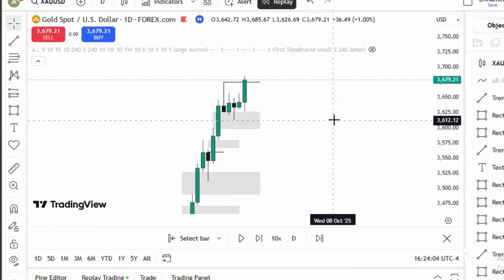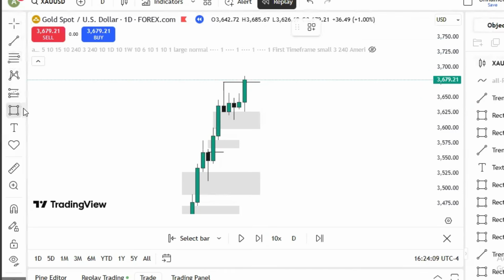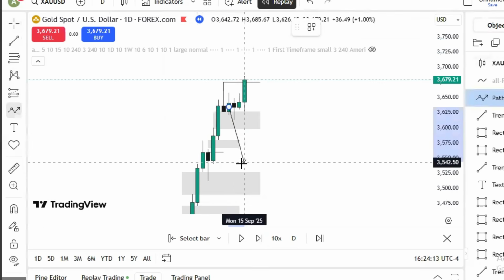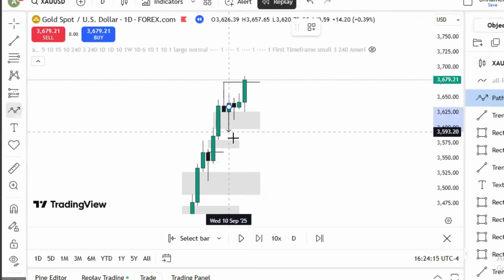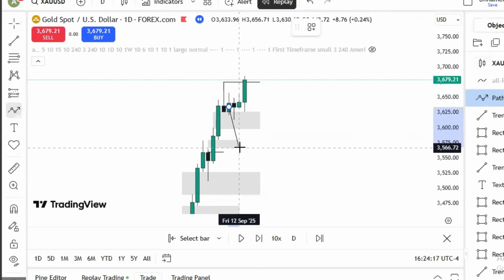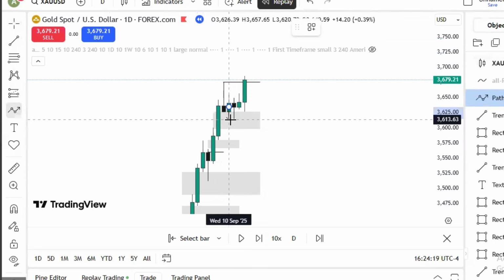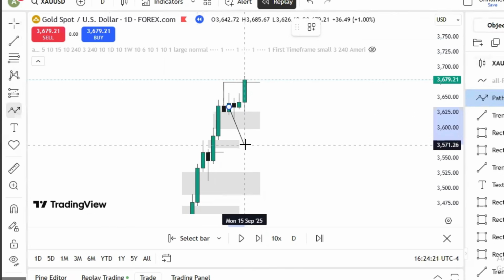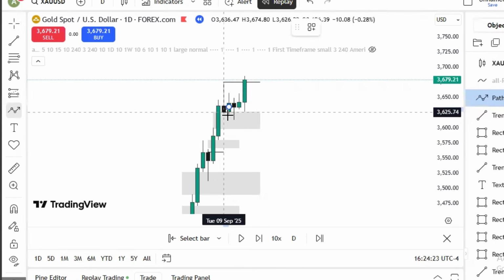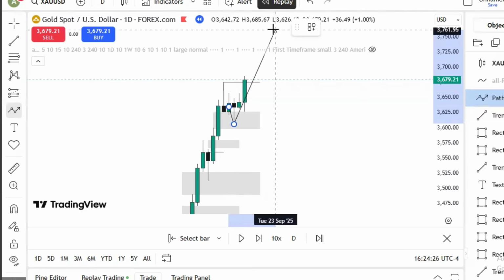Now in a strong bullish trend, you do not expect price to fully retrace to discount, right? In a strong bullish trend, you don't expect price to fully come down. That would be exhaustion, that would be price exalting its power. Do you get it? In a strong bullish trend, you expect price to make small reversals and then move.